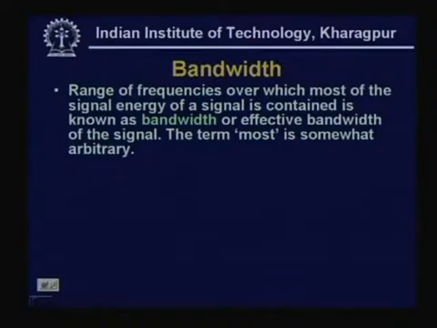That is why there is another parameter known as bandwidth, which represents the frequencies over which most of the signal energy is contained. This is the effective bandwidth of the signal. Look at the term most: it means the range of frequencies over which most of the signal energy lies.